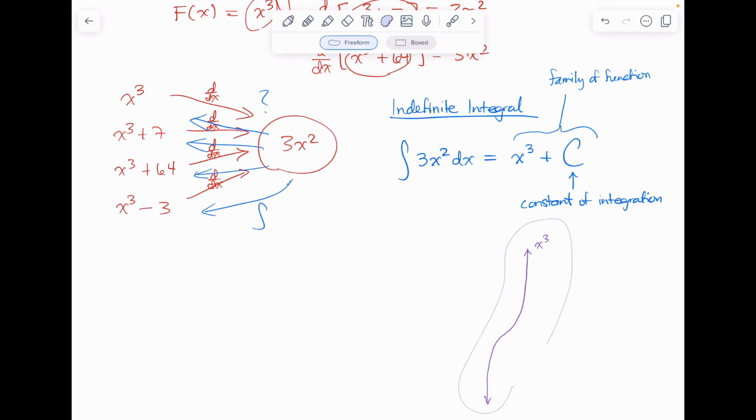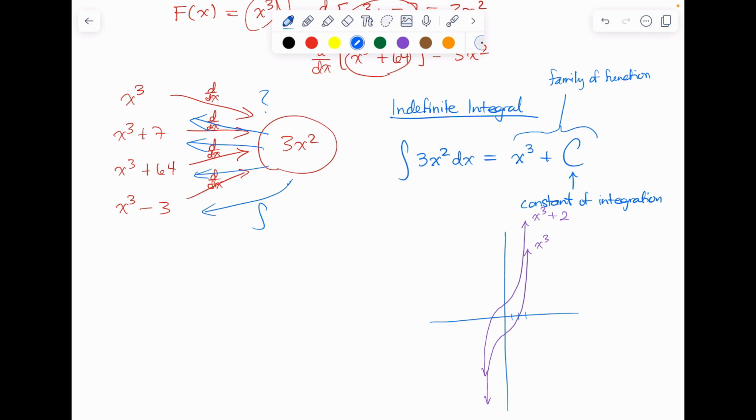If I were to take this exact graph using the magic of Notability here, and I just shift it up a little bit, let's say by 2 units, x cubed plus 2, and I look at the derivative at any x coordinate on both of these functions.